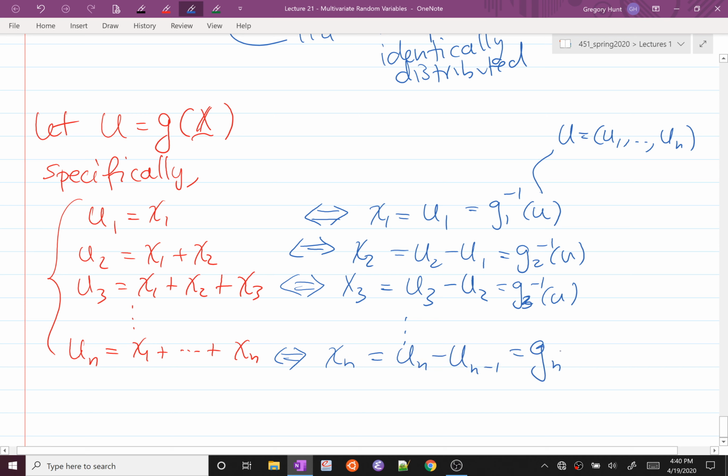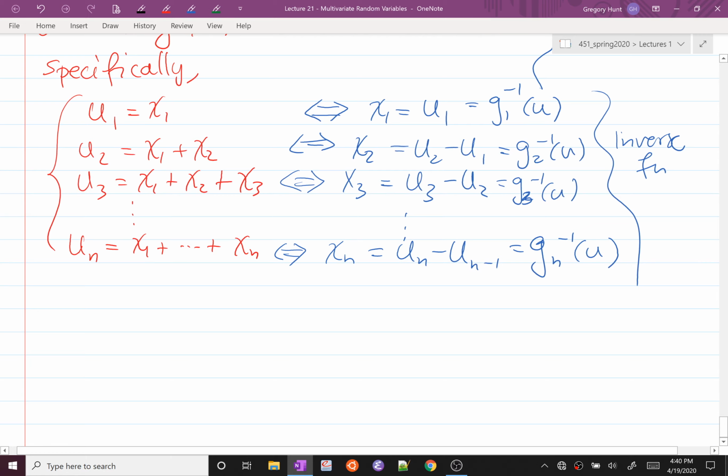So that would be the nth component of my inverse function, gn inverse of the u. So together, these define my inverse transformation, G inverse.